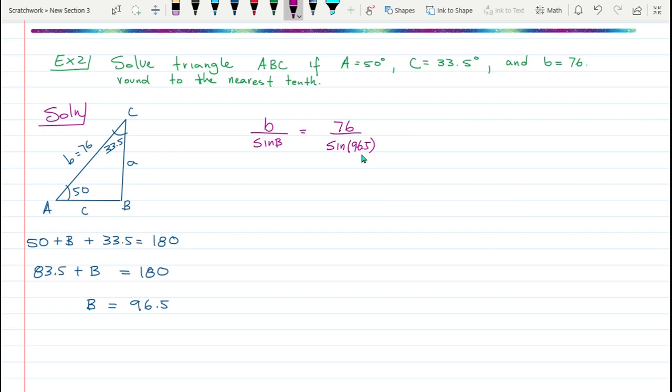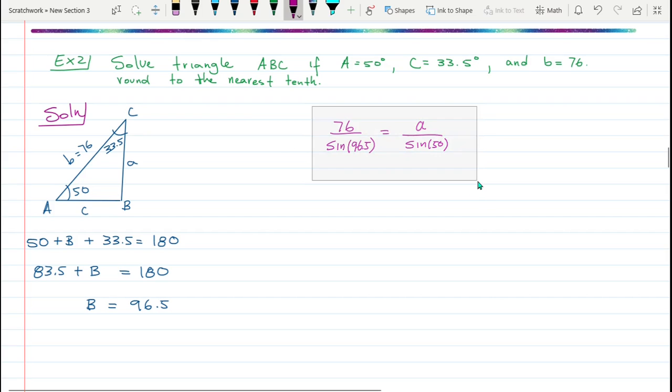So we're going to use 76 over sine of 96.5 in order to start building and finding the other missing pieces. We could begin with trying to figure out A, so sine of 50. Okay, so this is us looking for A, so that's that ratio.